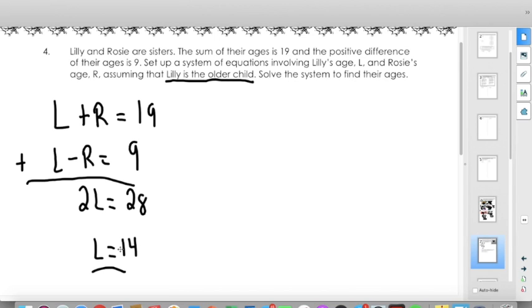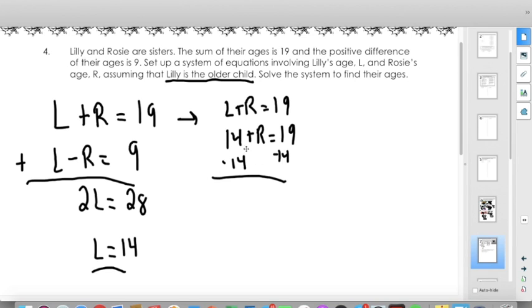So that tells me that Lily is 14 years old. Now I want to solve for Rosie. So let's do L plus R equals 19. So L is 14. Subtract 14. So R is equal to 5.